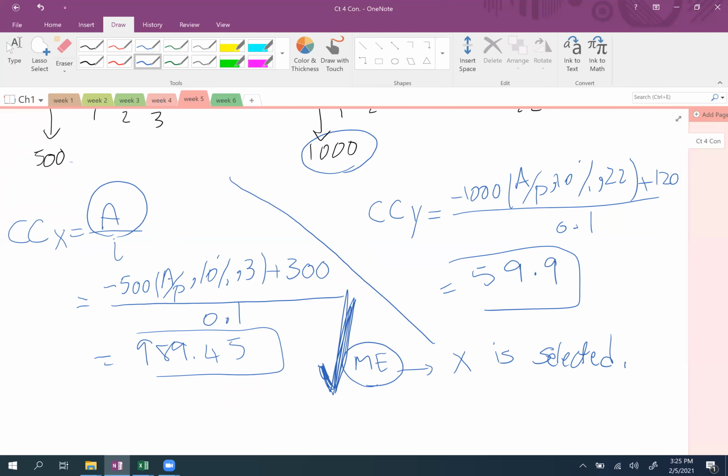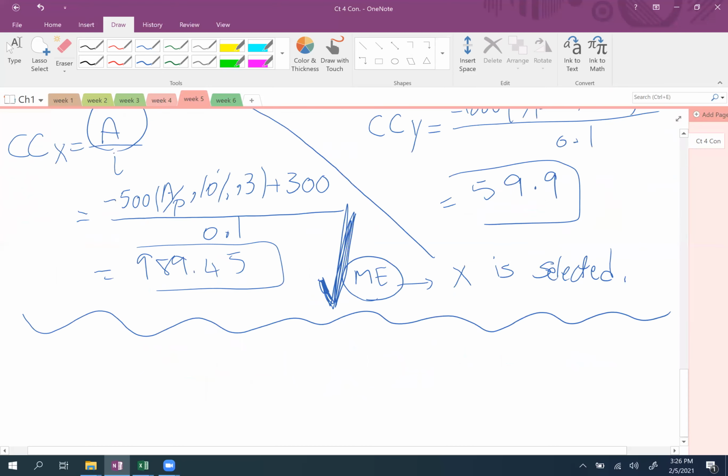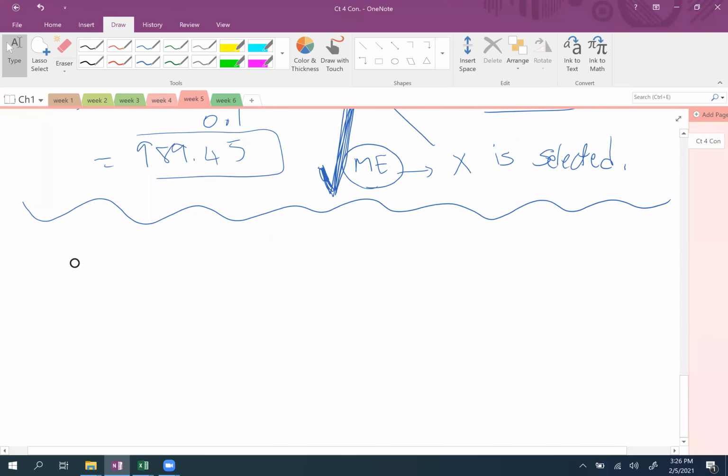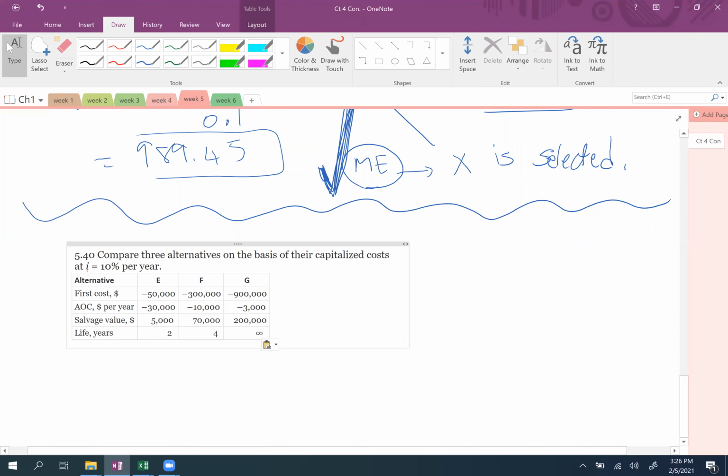The point of this problem is that, as you can see, I am using capitalized cost to compare alternatives when their LCM is also very large. So it's not necessarily infinity. It's very large, so it will be very inconvenient to repeat the project so many times until, for example, I hit 66 years. So with this information, there was a last problem that I would like to solve.